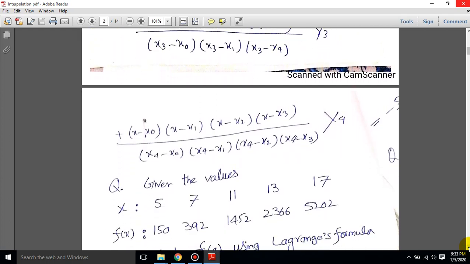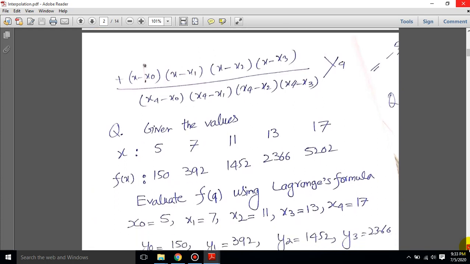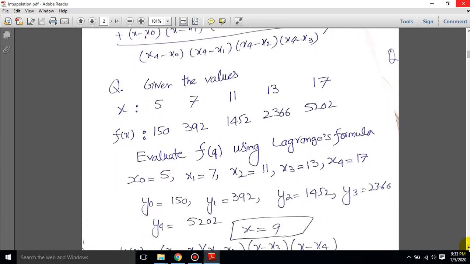For example, I'm going to show you an example where we have a given set of data, with x values equal to 5, 7, 11, 13 and 17.